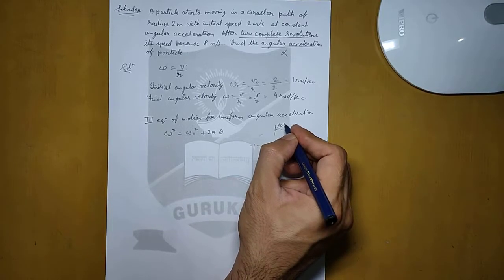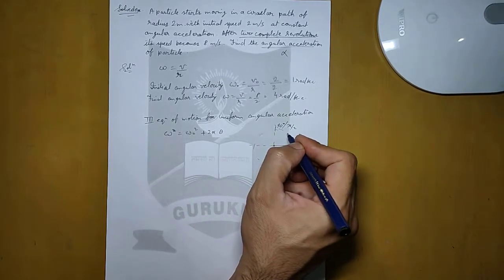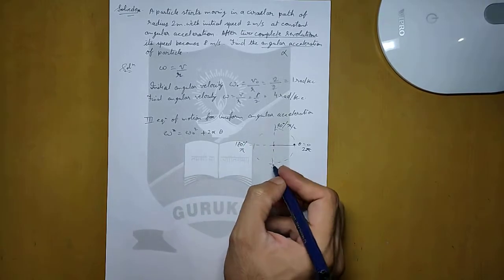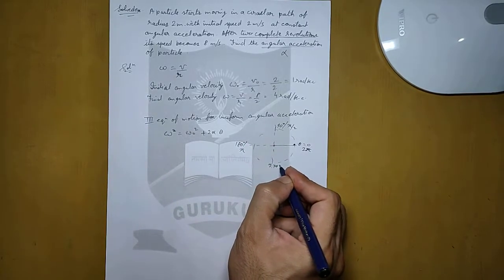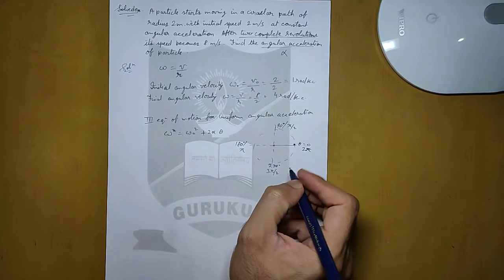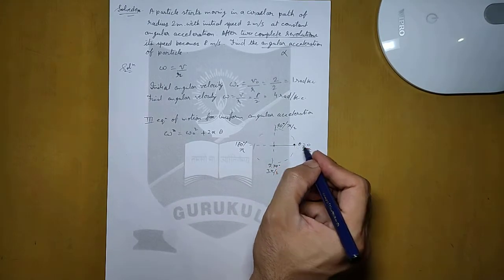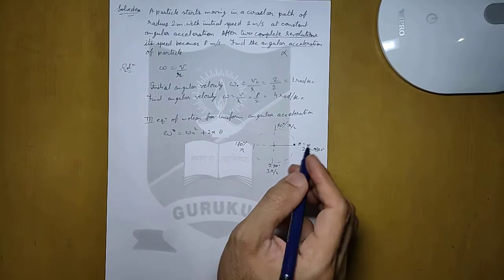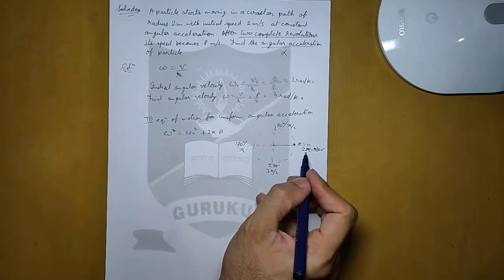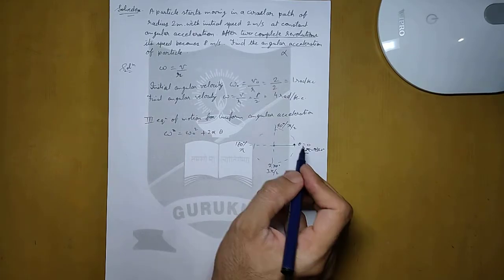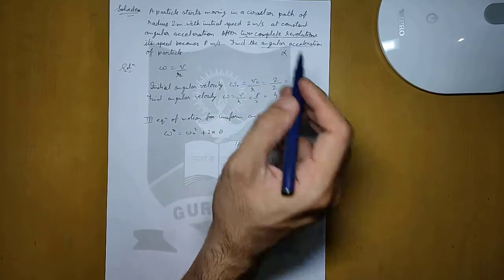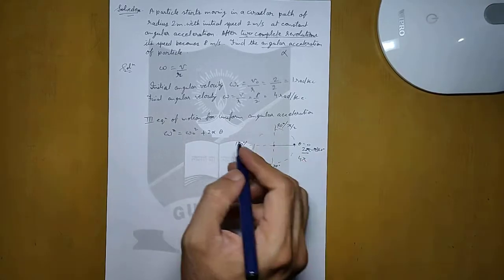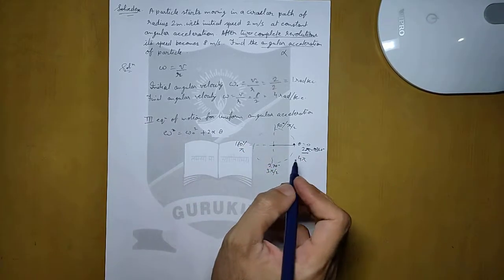At 90 degree, in radians it is pi by 2. At 180 degree in radians it is pi. At 270 degree in radians it is written as 3 pi by 2, and at 360 degree it is written as 2 pi. So in one revolution the angle made in radians is equal to 2 pi. So in two revolutions the angle will be equal to 2 into 2 pi, which is equal to 4 pi. So that means the angular displacement here is 4 pi.